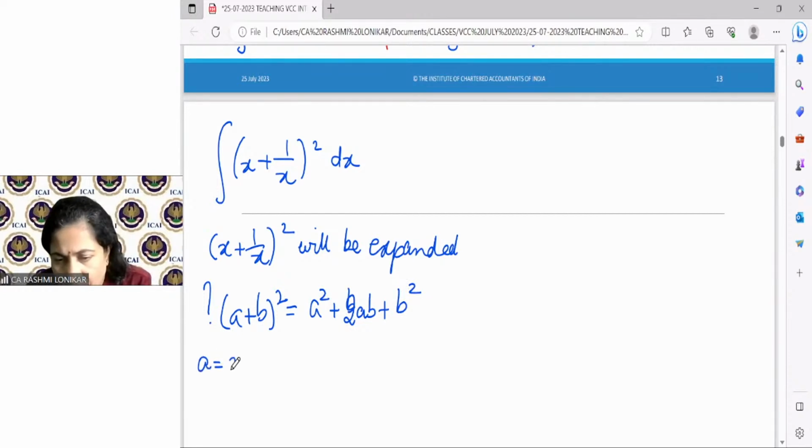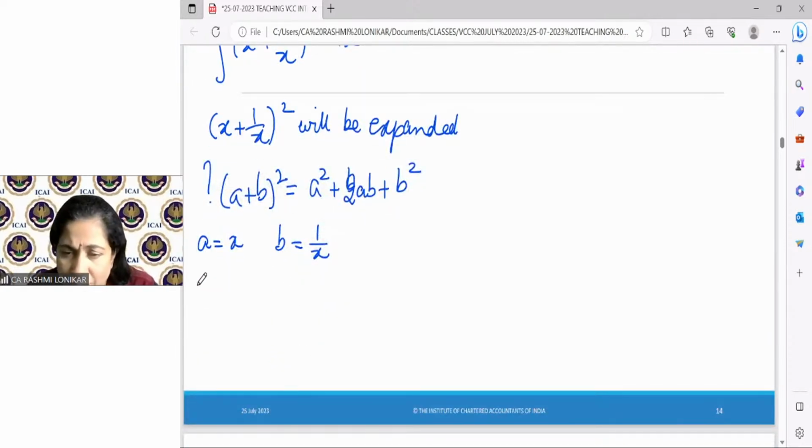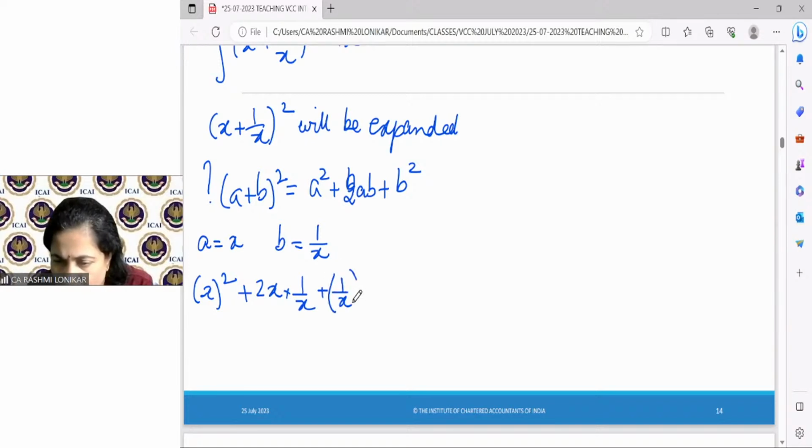What is my a? a is x. What is my b? b is 1 upon x. So I substitute. I get x square plus 2x into 1 upon x plus (1 upon x) whole square. x square plus, now this 2 and this 2 will get cancelled, 2 plus 1 upon x square.